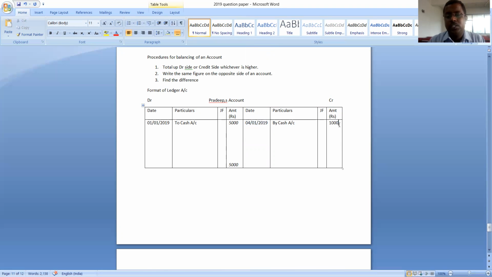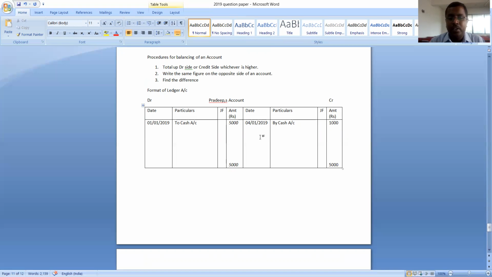Now, what is the next step? Second step is write the same figure on the opposite side of an account. Now, third step is find out the balancing figure. Which side are we going to find the balancing figure on? Credit side.